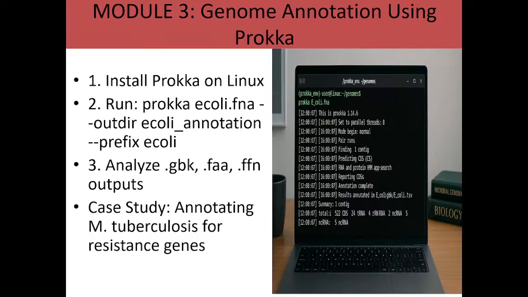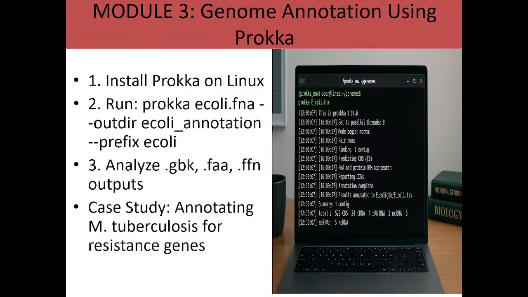I'm not sure because I've not run it on a smartphone before. So after that, you now run prokka E. coli.fna --outdir E. coli_annotation. You can see the prompt on the screen.